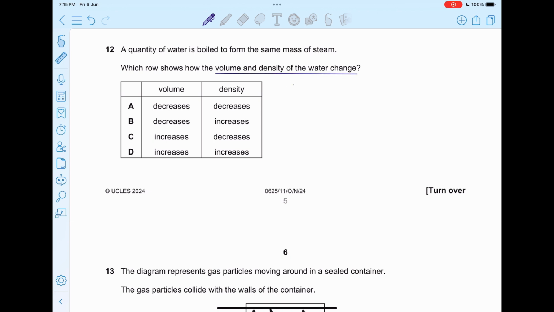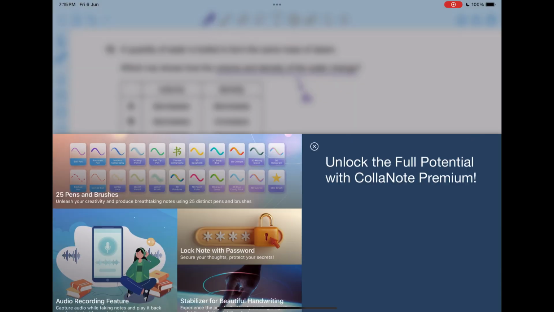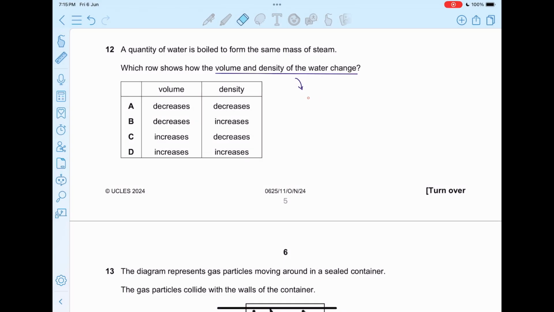Density and volume are inversely proportional, so the density should decrease. So the final answer should be C.